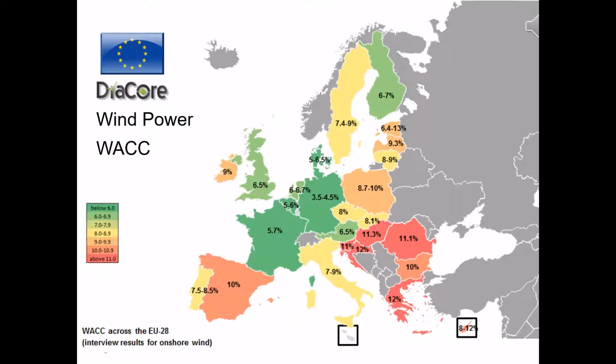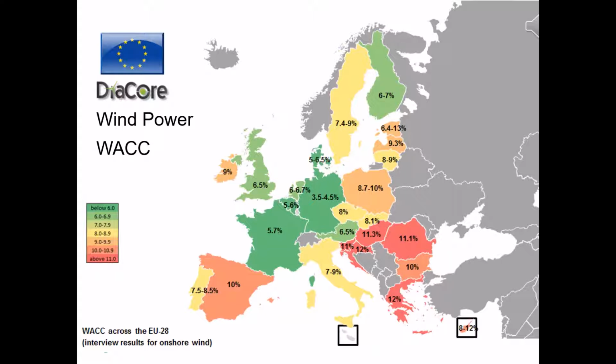It may seem to you like the weighted average cost of capital wouldn't change that much from one company to the next. But here's a map that shows that isn't true. The cost of financing wind energy, for example, varies widely between the different members in the European Union.